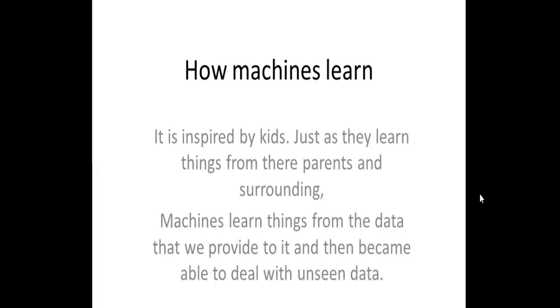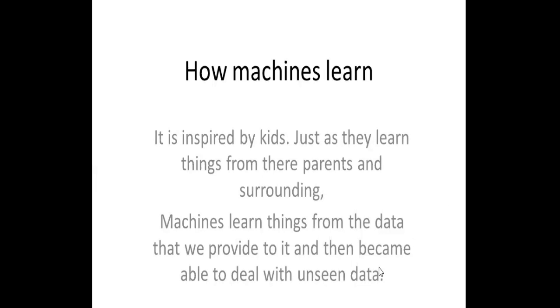Any data we provide, the machine finds hidden patterns in and learns something from. I gave some examples in previous lectures, like our machine learning an orange fruit as a cat due to less data.